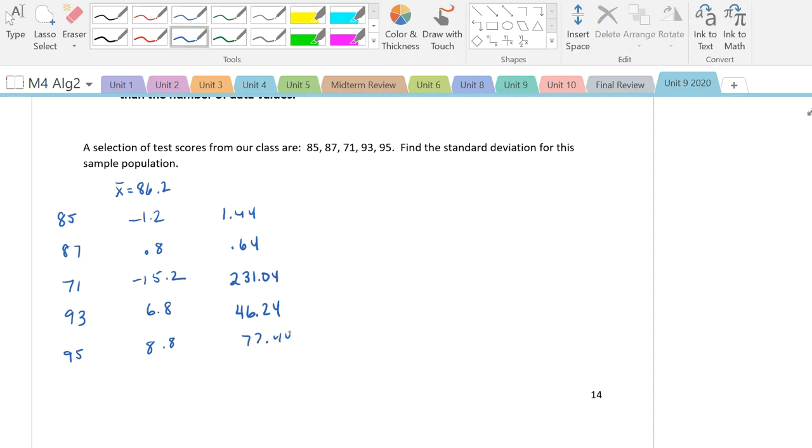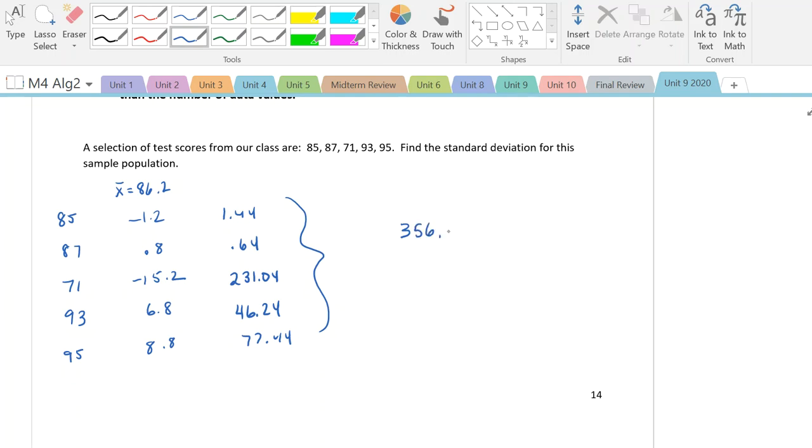All right, so now I'm going to take the average. So I'm going to tally up all of these. Okay, and so it sums to 356.